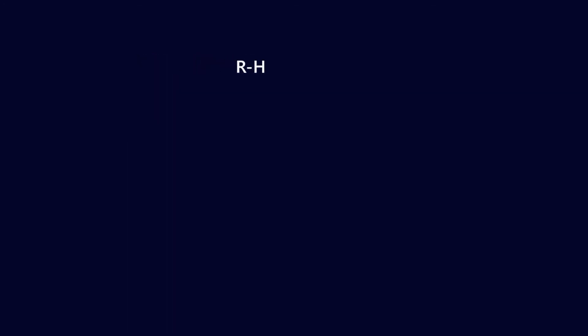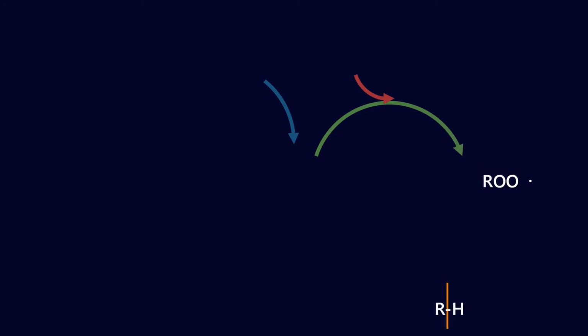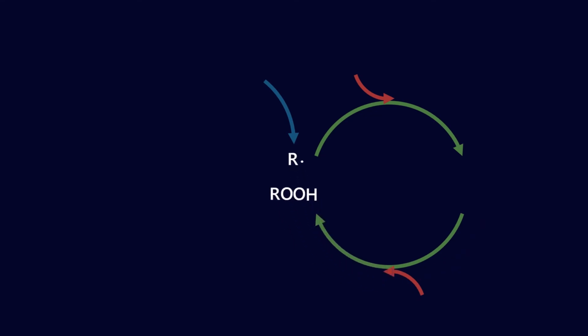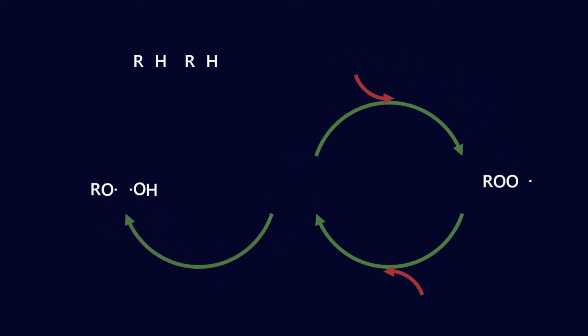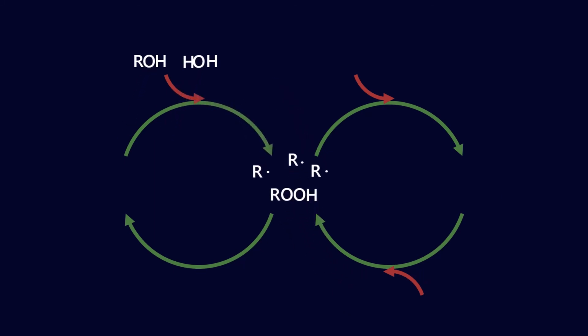Alright, so now let's put that all together and see what it looks like, so that we see how this auto-oxidation cycle feeds on itself. We're going to start with breaking that alkyl group. It goes away, we form a radical, that radical reacts with oxygen, it forms another radical, which then reacts with an alkyl group, forms a hydroperoxide and a radical, and then we get both loops going at the same time.